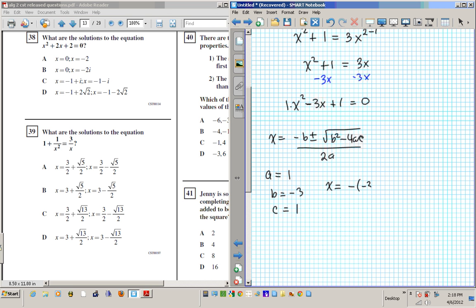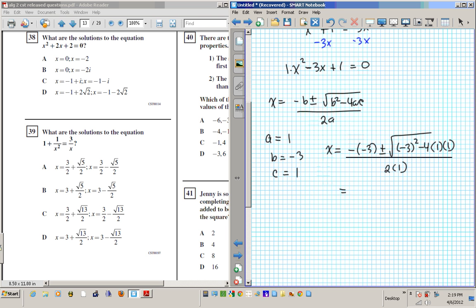Basically we have minus negative 3 plus or minus the square root of b squared minus 4ac, and then that whole business over 2a, which is 2 times 1. So with that in mind, we're going to have 3 plus or minus the square root of negative 3 squared is 9 minus 4, over 2.